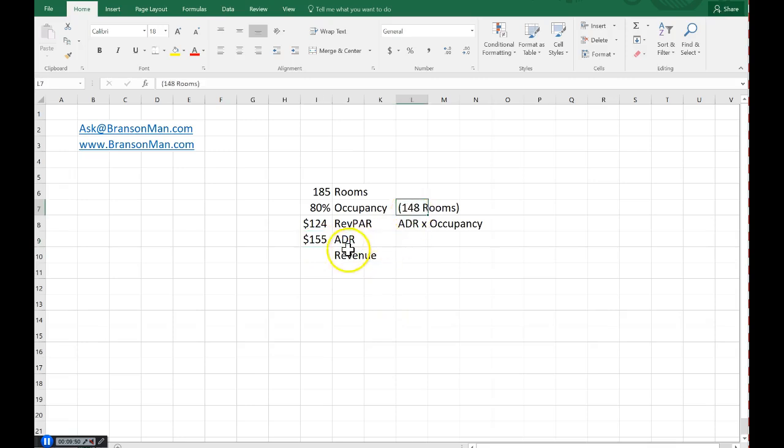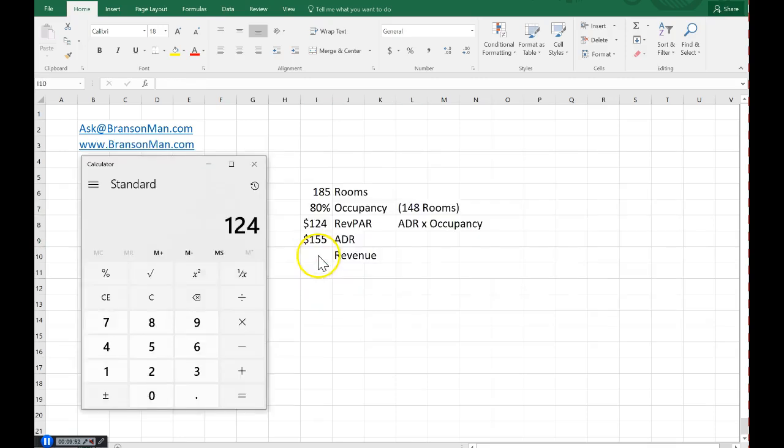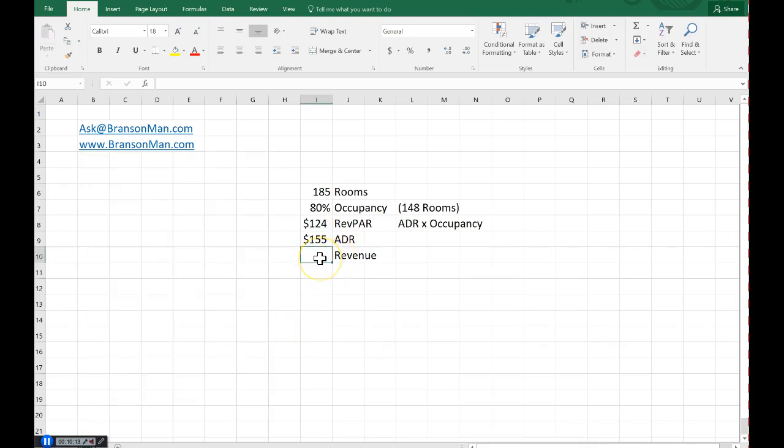We sold 148. 185 in the hotel, 80% were occupied, 148, and they sold on average for $155, $22,940.